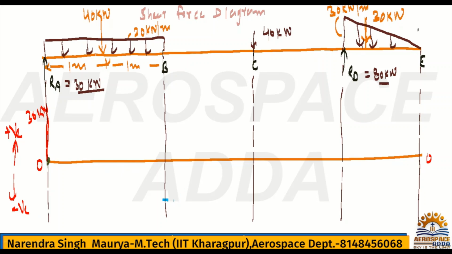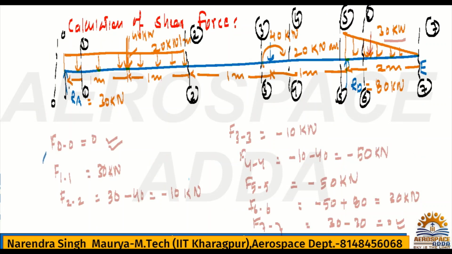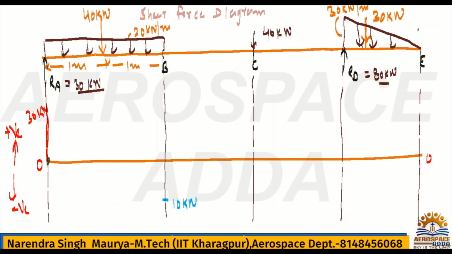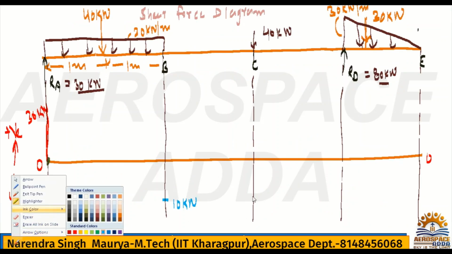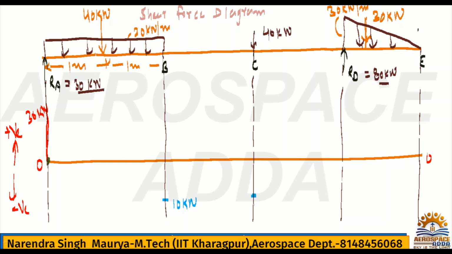Don't write minus, because downside itself means minus only. Then what is C? Between B and C we do not have any force, so this will also be 10. You can check here, 3, 3 is also minus 10. So you can move this side. This is the 10.